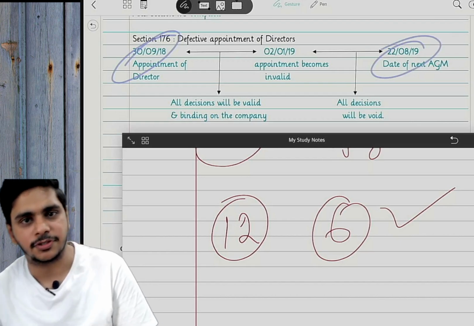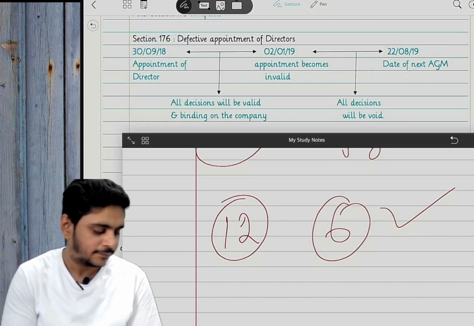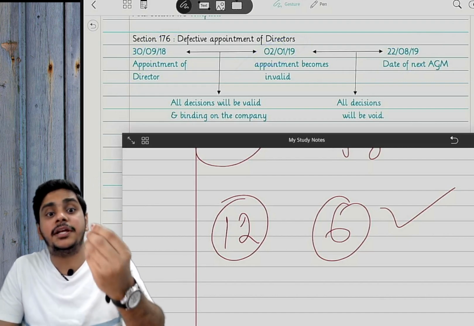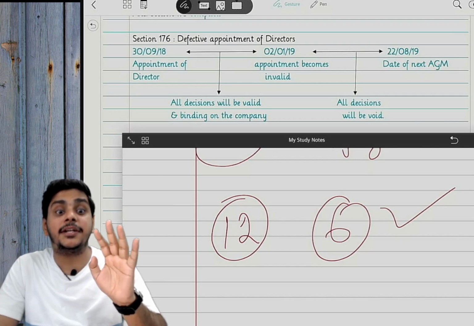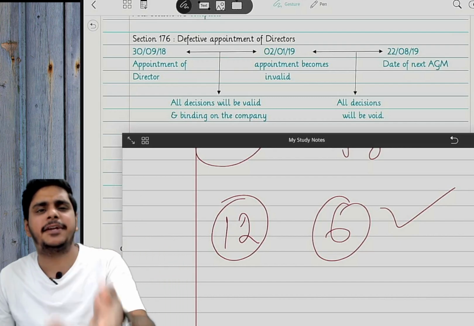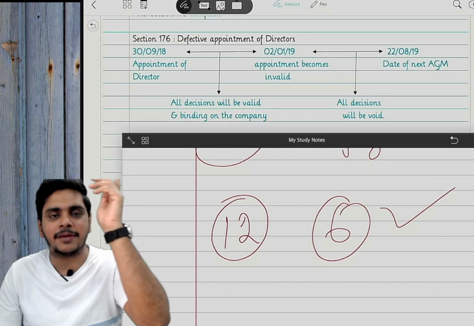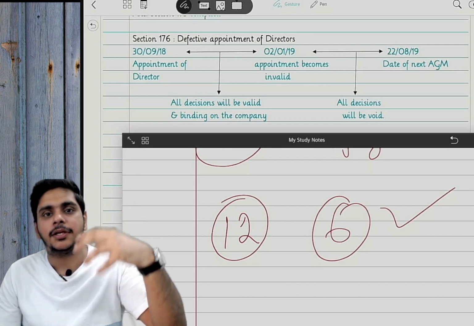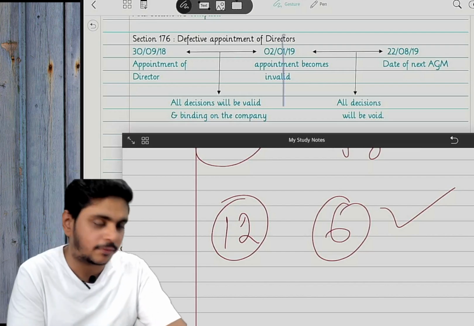Now what happened? On 2nd Jan 2019, his appointment became invalid. Maybe his DIN, director identification number, is cancelled. Or maybe he became Gajini, like Manjulika, Chandramukhi, started getting attacked. So on this day, his appointment became invalid.